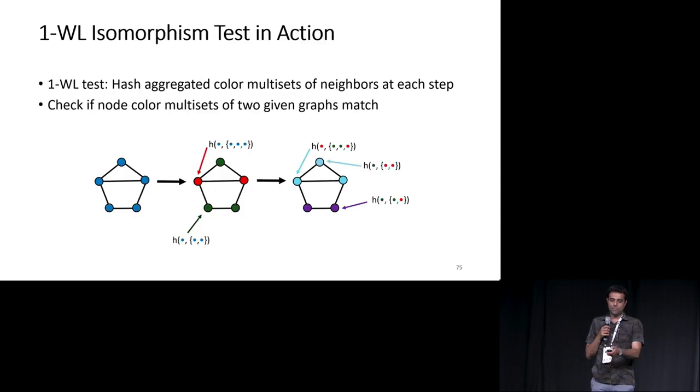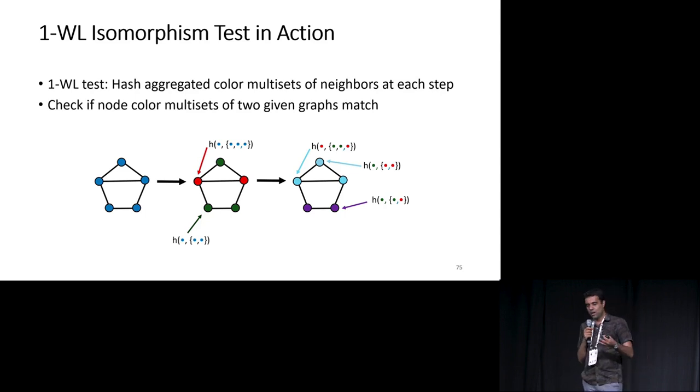Okay, so you can do this procedure, and it's known that it eventually converges after some reasonable number of steps, basically n steps. And what you can do now, if you have 2 graphs and you want to determine if they're isomorphic, you pretty much perform this procedure in parallel on both the graphs. And you know that if at some stage the set of colors on one graph is different from the set of colors on the other graph, you know for a fact they're not isomorphic.